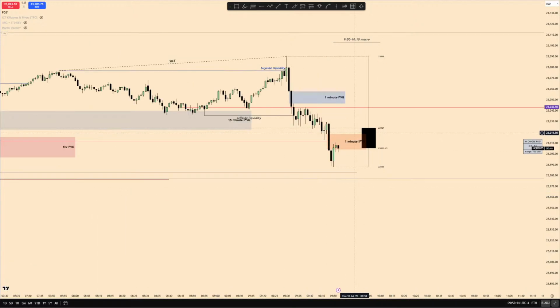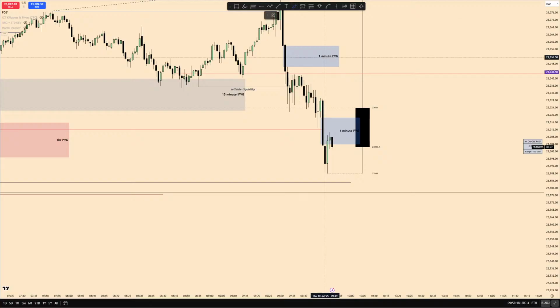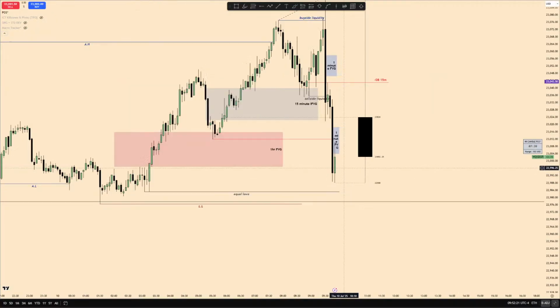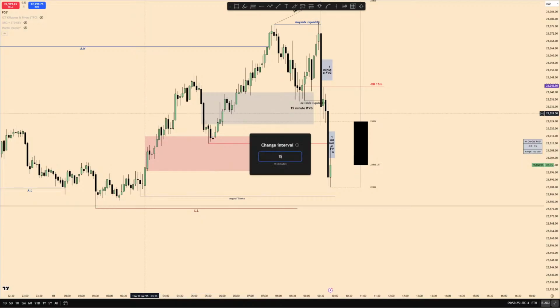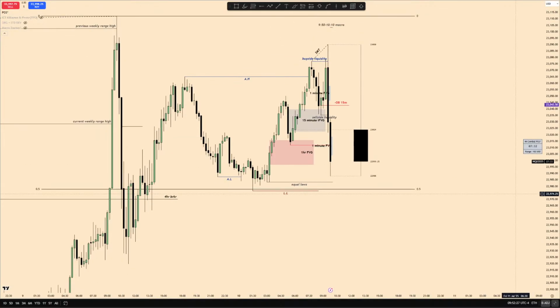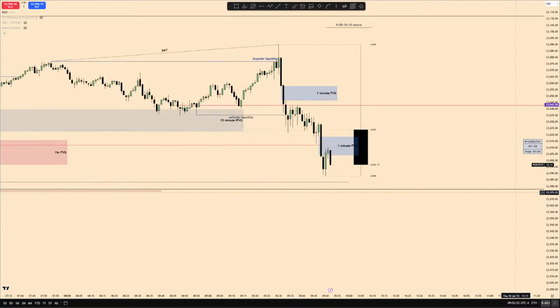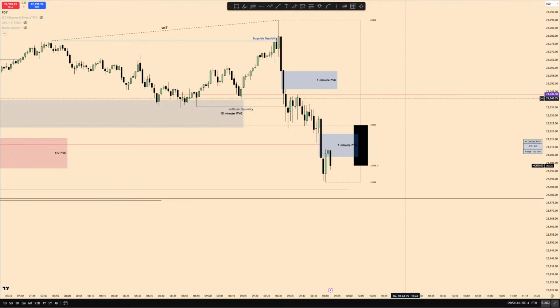If this gets inverse, it's not a real inverse. Shouldn't get inverse. I would not be surprised if it just left the top half of that and went right to those lows.